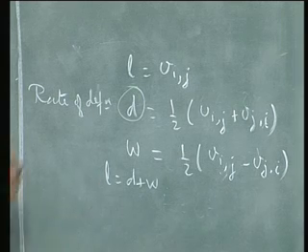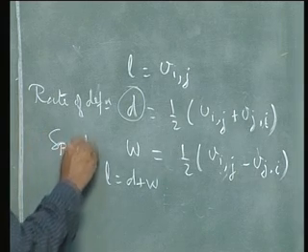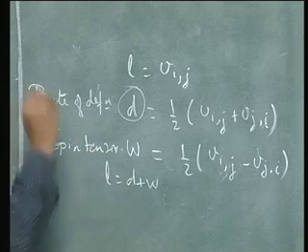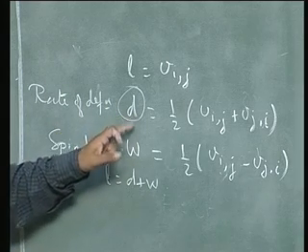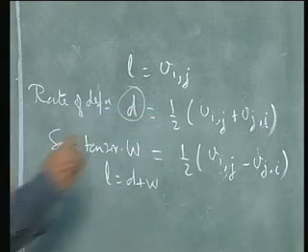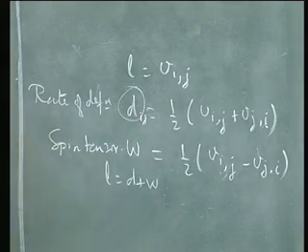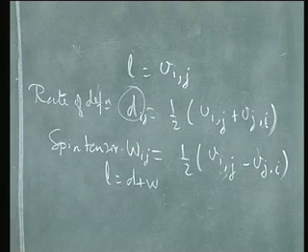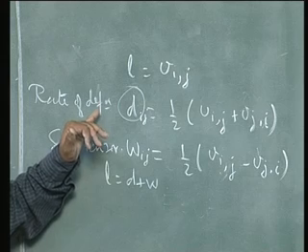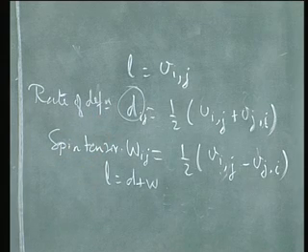And this omega is called the spin tensor. Note that you can write that as Dij and omega ij written in that fashion. So, rate of deformation tensor and spin tensor.